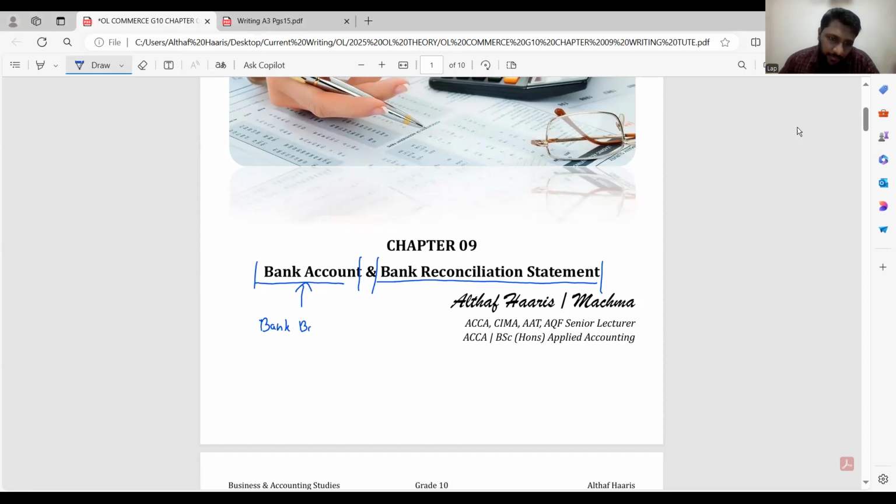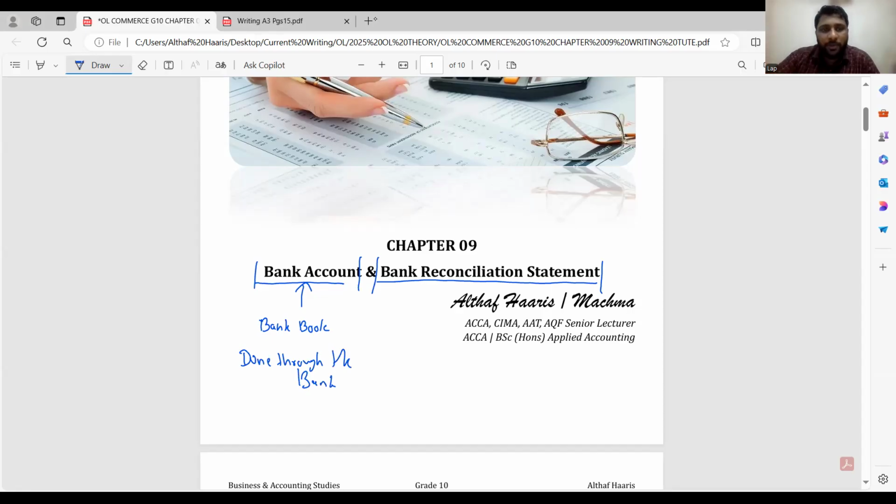This is the primary book where we are recording all the transactions done through the bank. Transactions done through the bank will be recorded in the bank book, people.